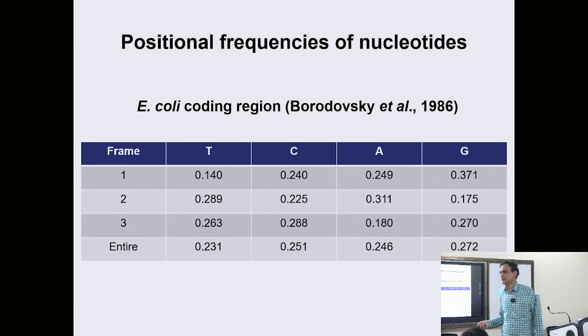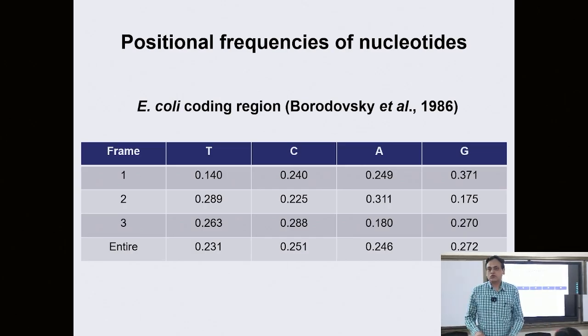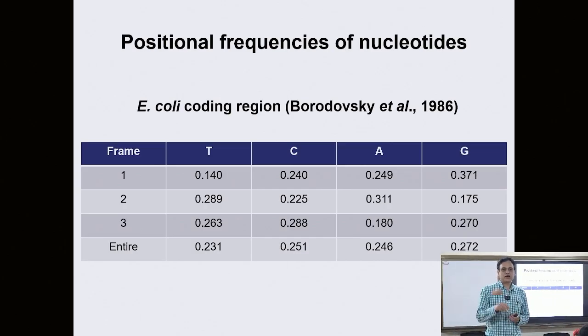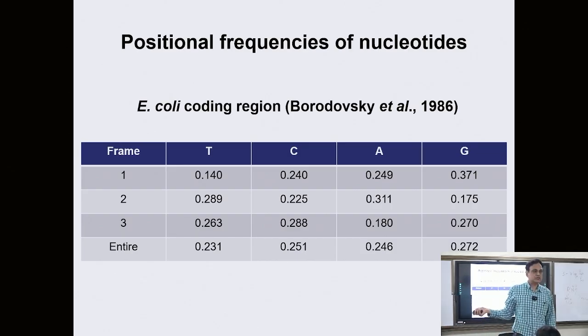On the other hand, if you consider non-coding open reading frames, even though they do not code for proteins, you can still put the positions. So the first triplet of nucleotides, position 1 to 3, next 1 to 3, and so on. And then obtain the probability distribution for the 3 frames.